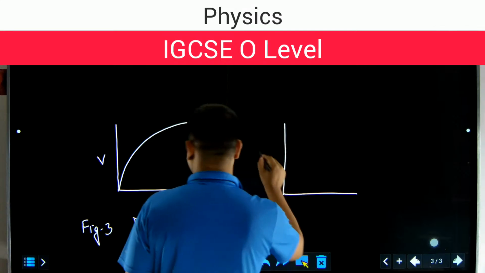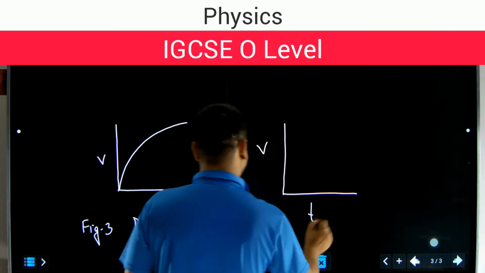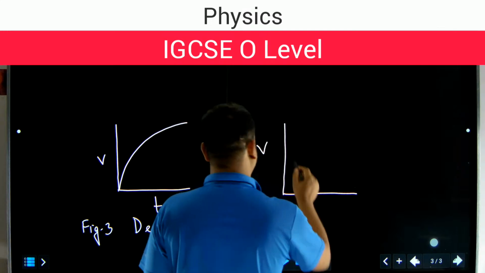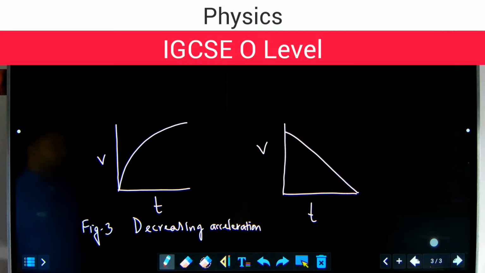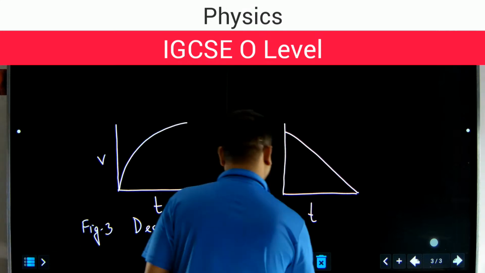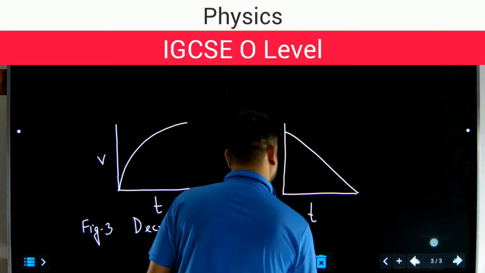Now if the velocity time graph goes downwards like this, a straight line, it is uniform deceleration, figure 4.